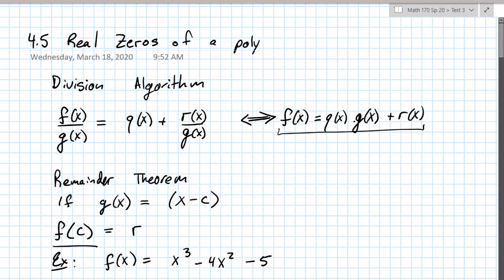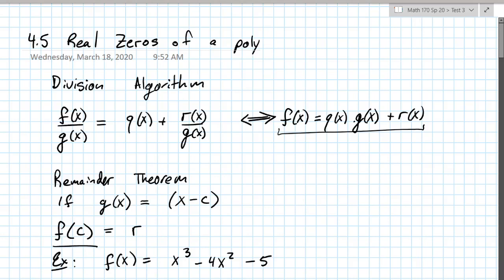That is, we're taking our polynomial f of x, dividing it by something, that's the quotient, q of x, and the divisor, g of x, and the remainder, r of x.